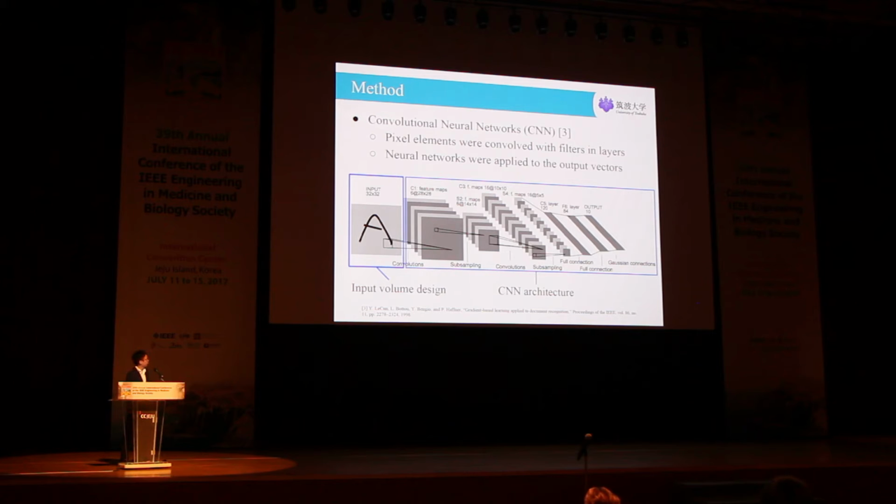Generally, the input volume, the picture, is input to the network, and the pixel elements are convolved with the filters in the layers. At the output of the final layers, the activation map elements are flattened and input to the neural network, in this case the multi-layer perceptron.